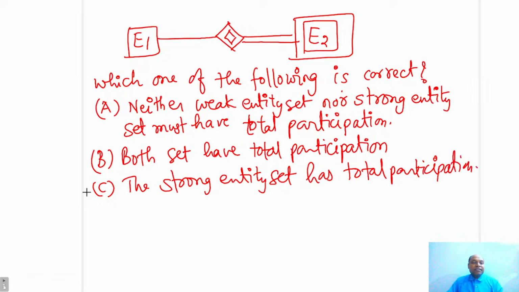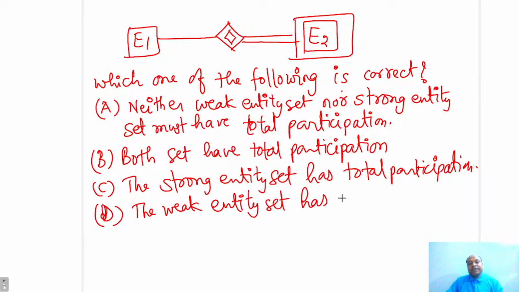And at last, option D says that the weak entity set has total participation.